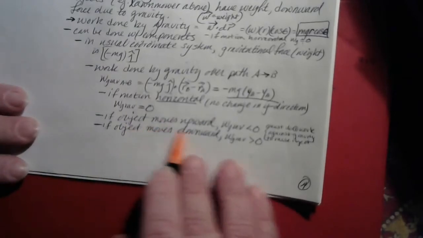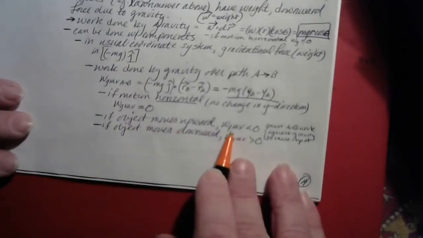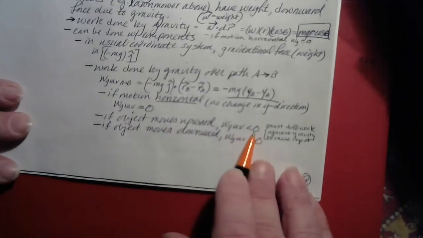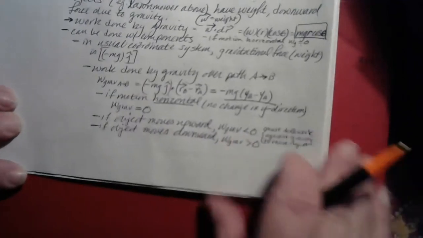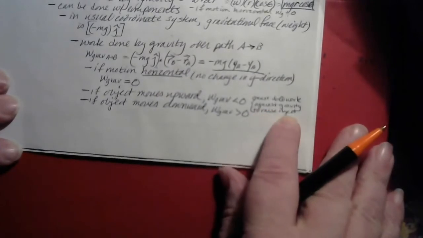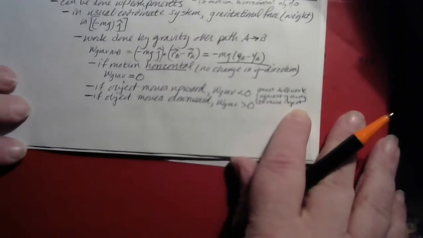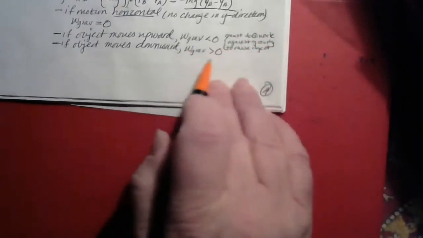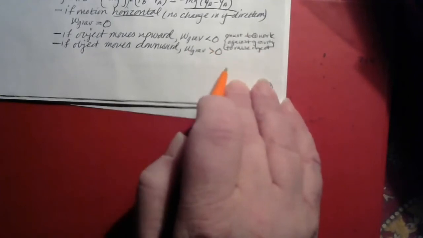If the object moves upwards, then the work due to gravity is less than 0, in other words, negative. Or in other words, you have to do positive work against gravity in order to raise an object. And if the object moves downward, then the work due to gravity would be greater than 0, or in other words, positive.